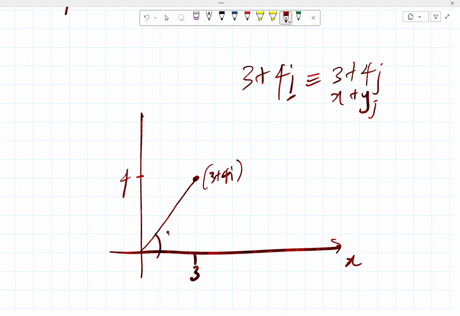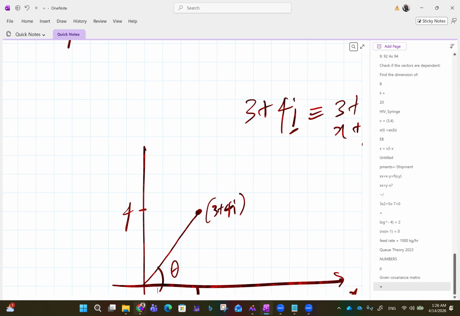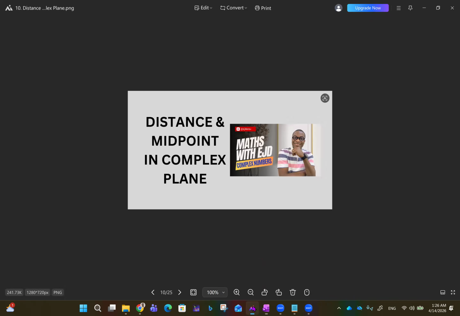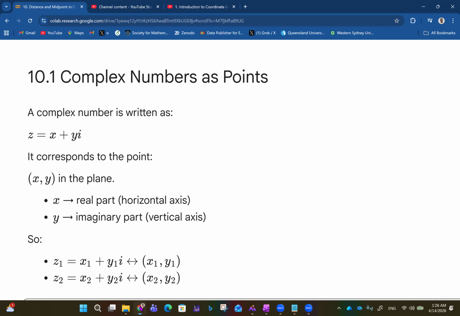And this angle here is the argument, angle theta, which the line from the origin to the complex number point makes. So this is not a Cartesian coordinate, now it's the complex plane, but the idea looks like the same kind of thing.